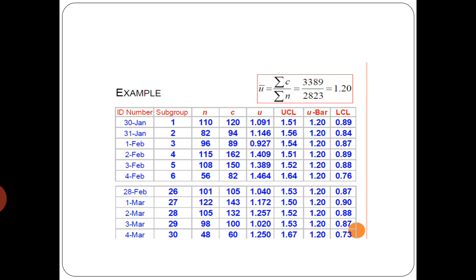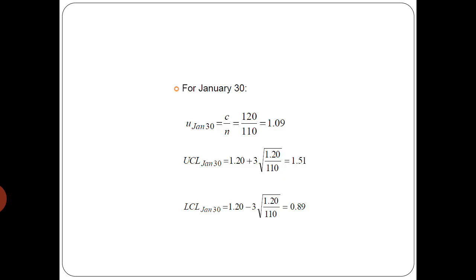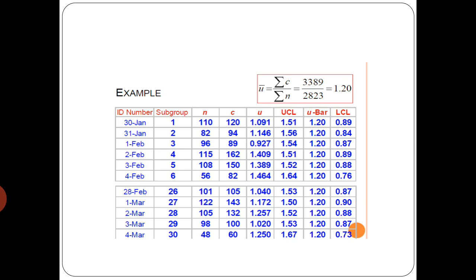The mean of u is 1.20. So just for 30th January, we will see where the value occurs. For 30th January we know u is c by n, so 120 by 110. c is 120, n is 110, so u is c by n, that we got 1.091.